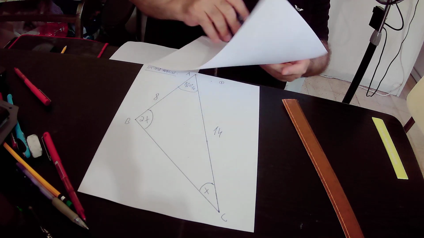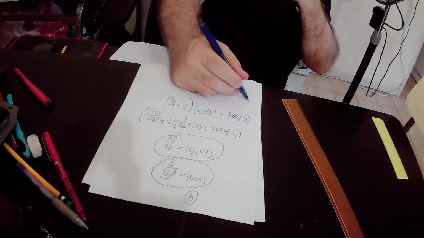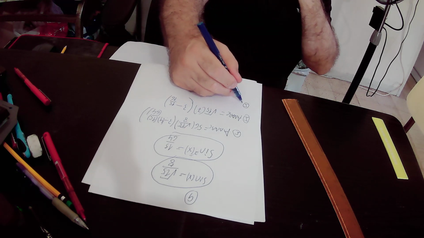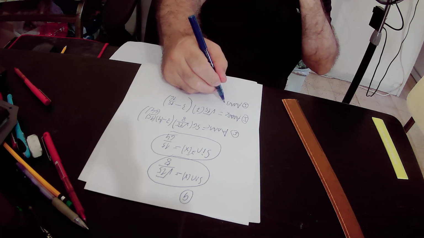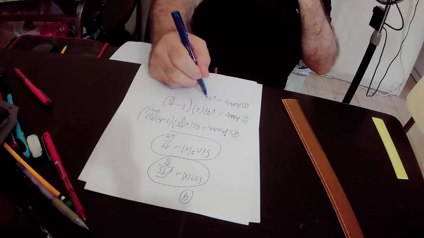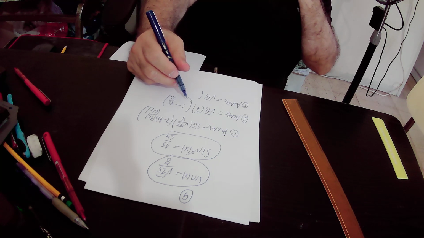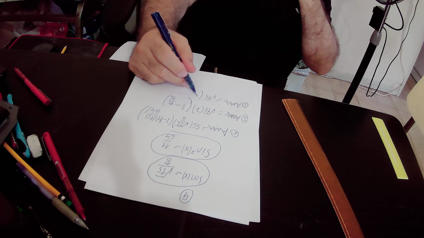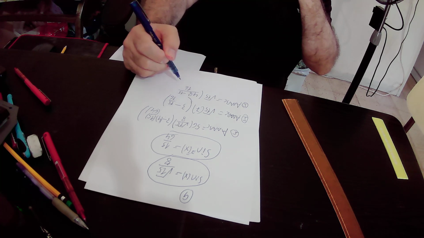So the area of triangle ABC equals root 15 times 7, times 48 over 16 minus 15 over 16.